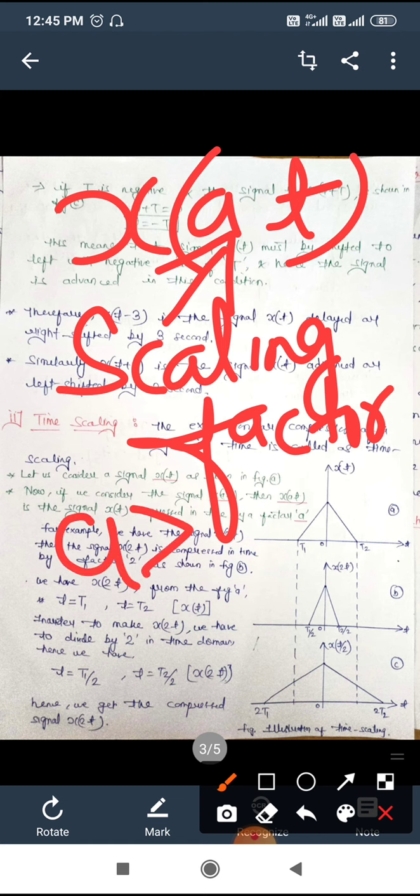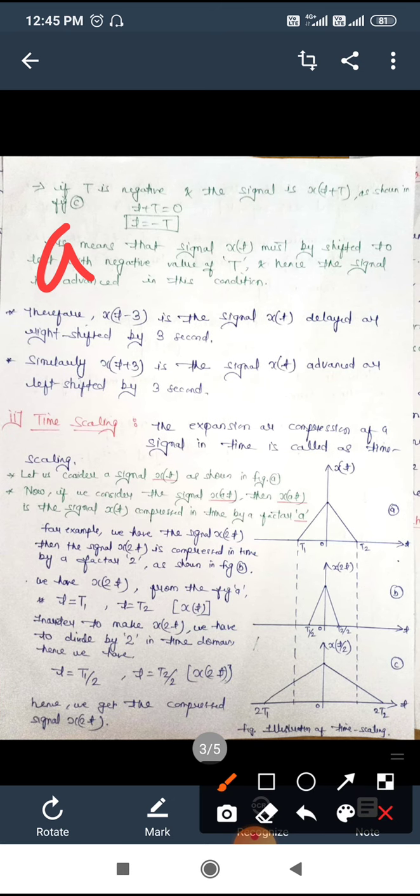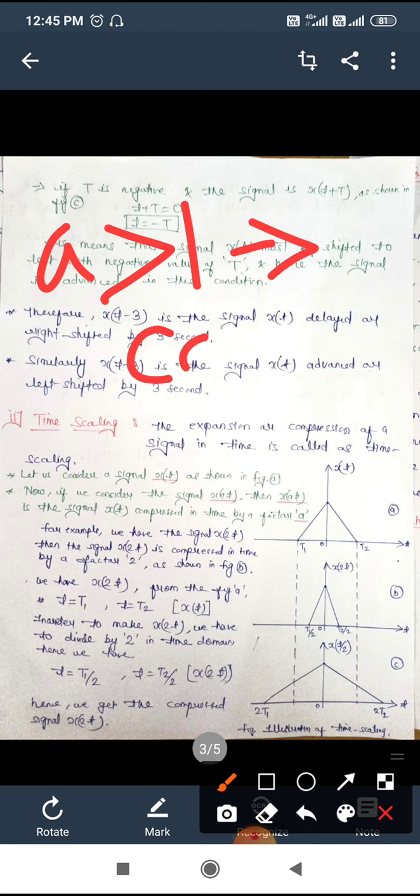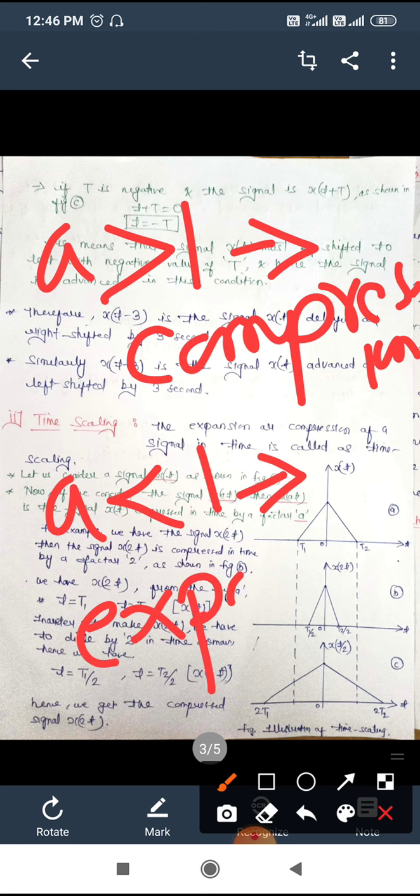A greater than 1 is the condition of compression. If a is less than 1, this is the condition of expansion.